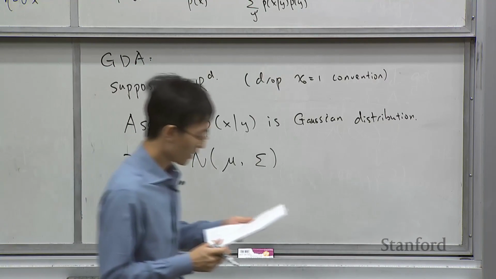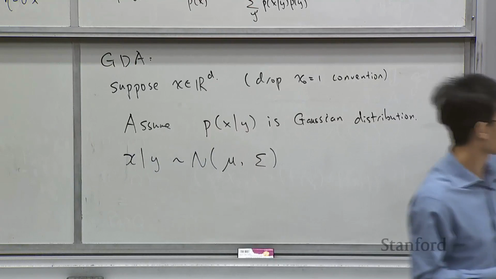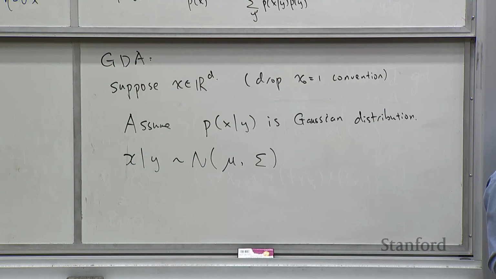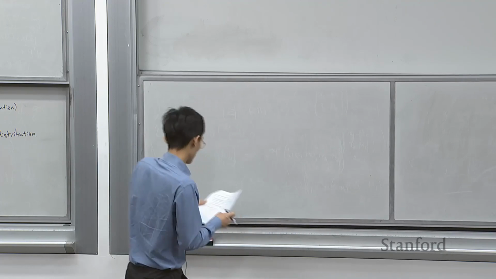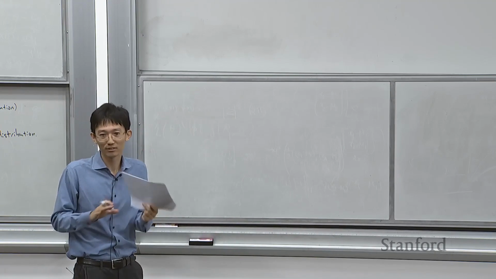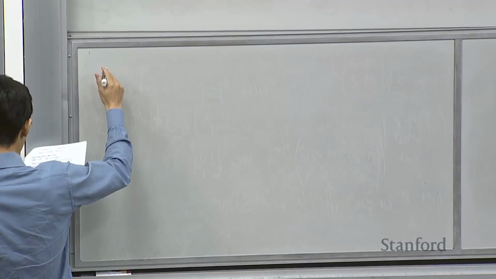It's probably useful for me to briefly digress to talk about some basics of the multivariate Gaussian distribution. This is just a very quick review if you haven't seen it, but I'm assuming that you know something about the one-dimensional Gaussian distribution.